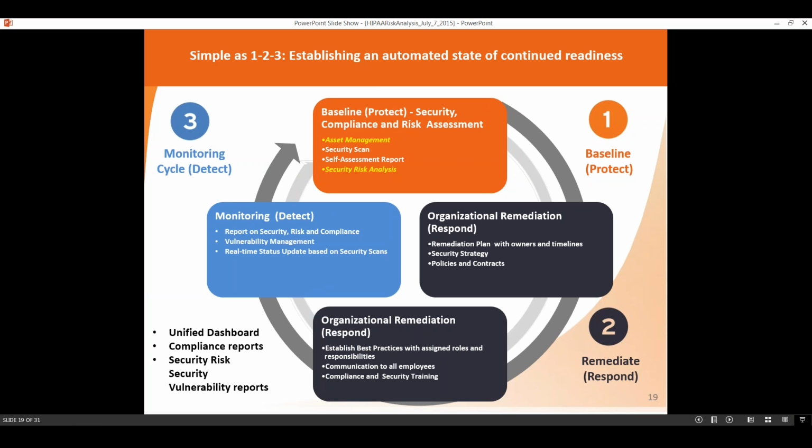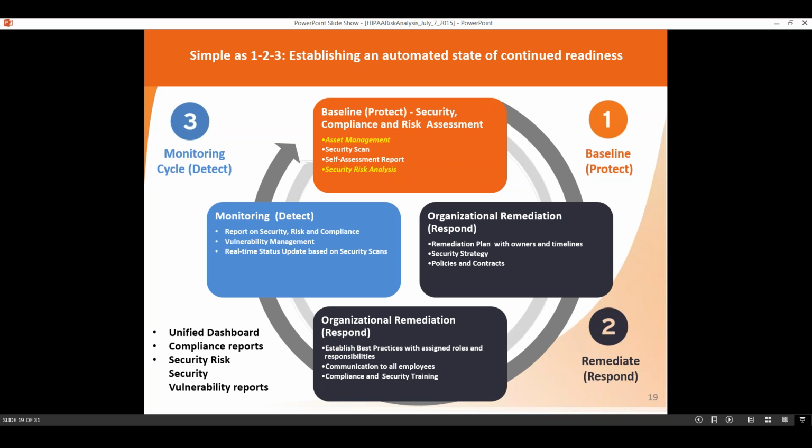And then once you fix the open issues, you need to continuously monitor to ensure that if things are changing, you are notified and alerted for any changes so that you can address it in real time. So it's a continuous monitoring solution that allows you to do assessments, to fix the problems, and then to continuously monitor.